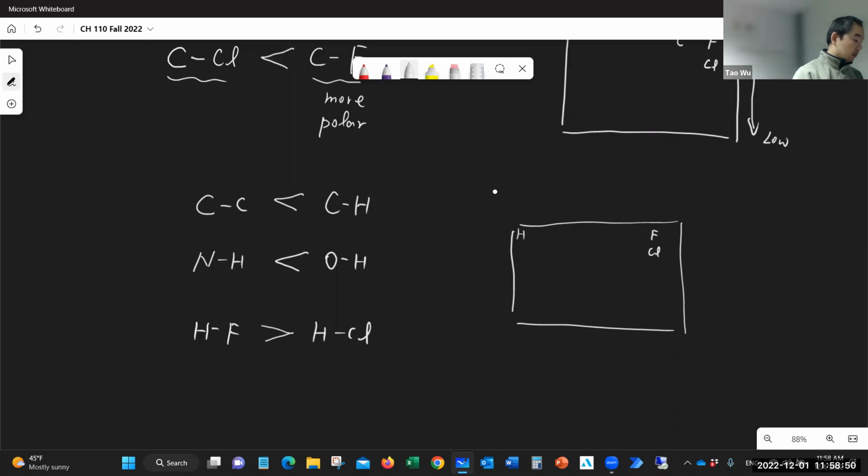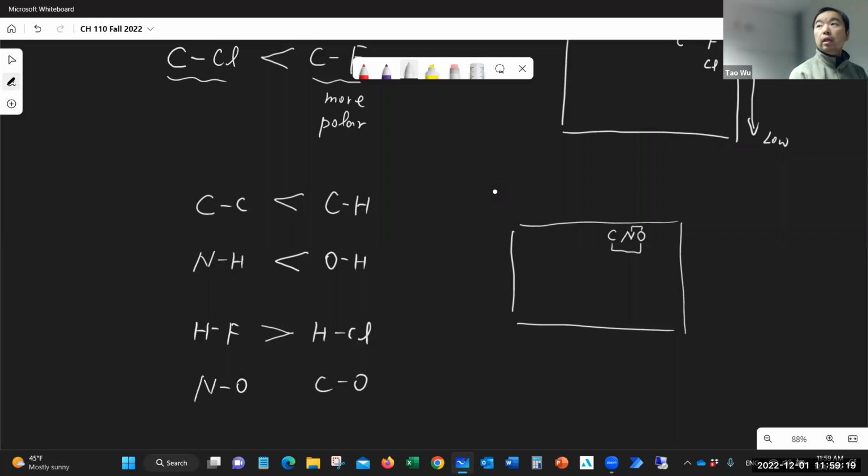Then how about the next one, nitrogen-oxygen and carbon-oxygen. Which one? Look at your periodic table. Oxygen is over here, nitrogen is over here, carbon is over here. Then you can see what the difference is. Obviously this difference is bigger than the other two species' difference.